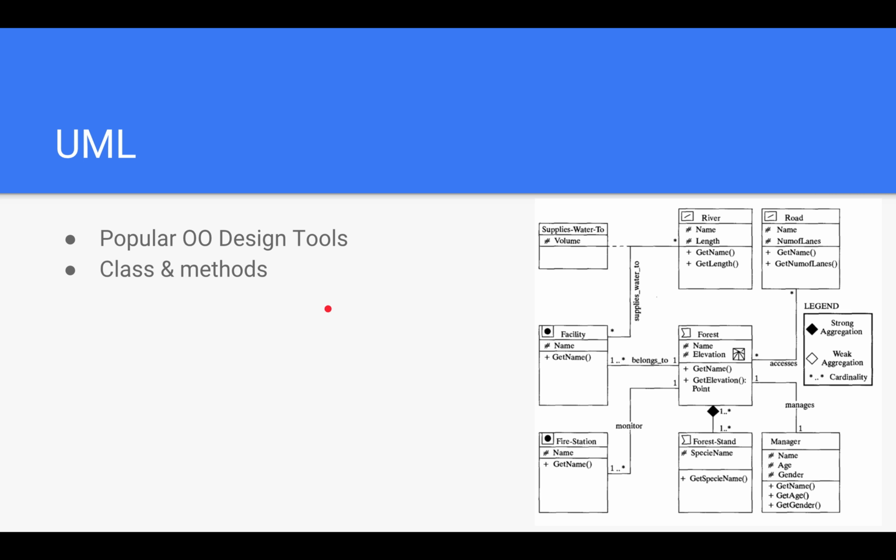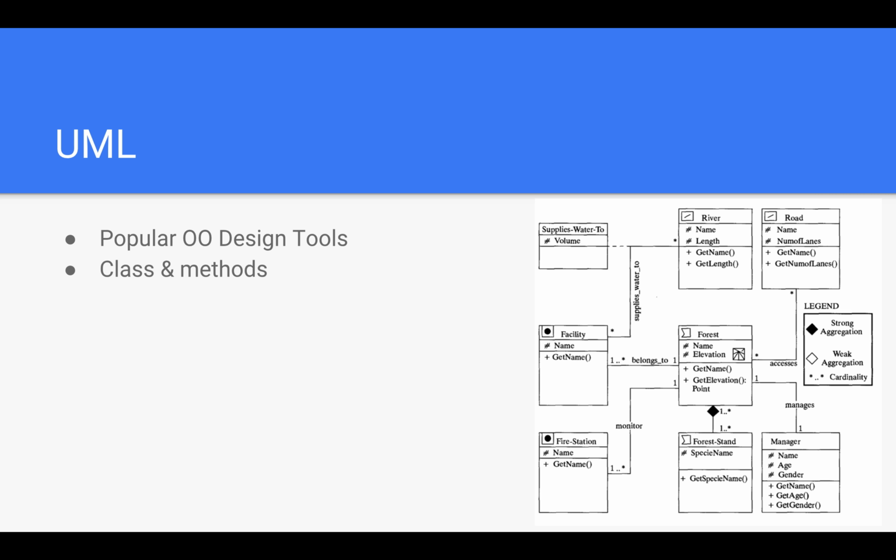Finally, I want to talk about UML, the most popular object-oriented design tool for most object-oriented programming languages. The difference between the ER model and UML is that UML provides methods, which are the logical computation with some attributes or values passed in.